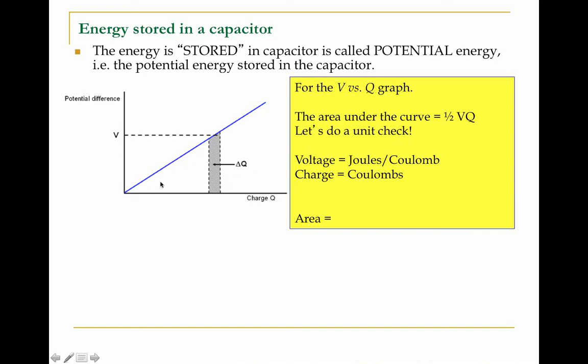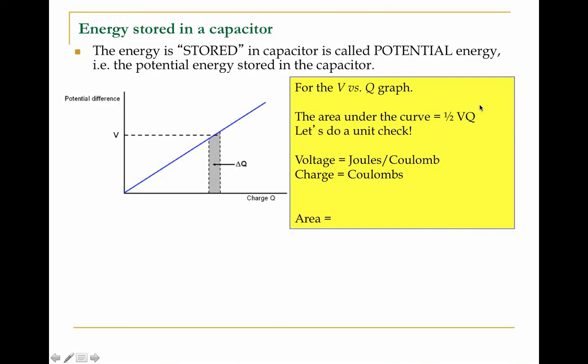So if you look at the area under the curve, it is half the height times the base, which is half Q times V. V is in volts, which is joules per coulomb, and Q is in coulomb.